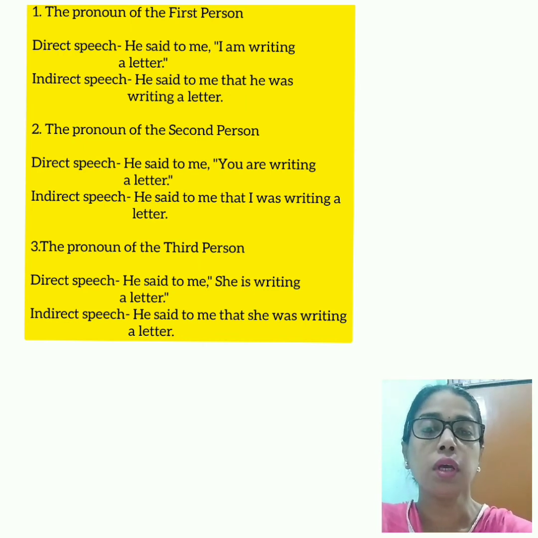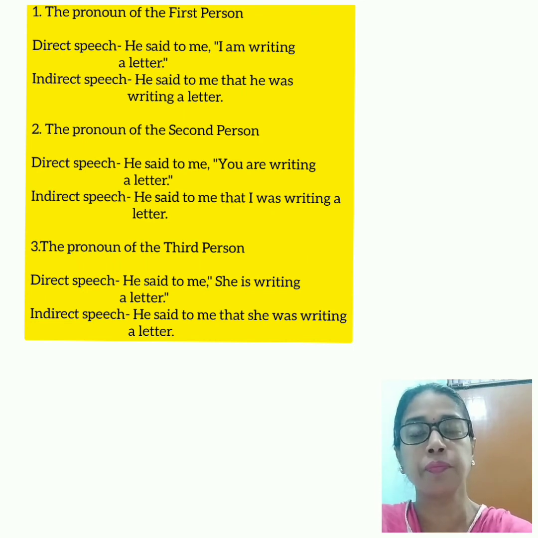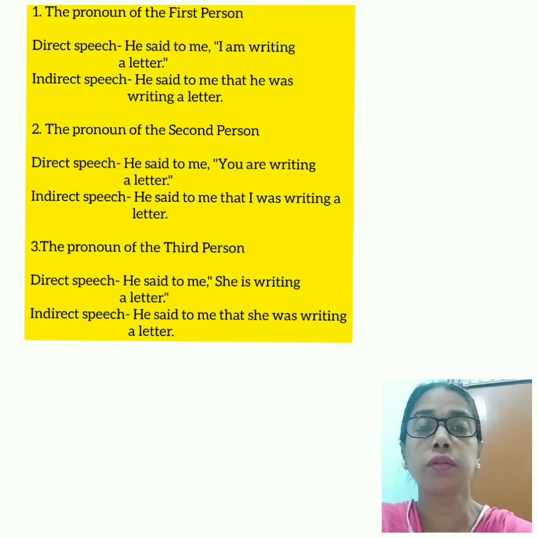So remember children, the main rules related to pronouns are that the pronoun of the first person is related to the subject in the reporting verb, and so you will be making changes according to the subject in the indirect speech. Then the pronoun of the second person is related to the object in the reporting verb, and so you will be using the pronoun related to the object in the indirect speech instead of the second person.